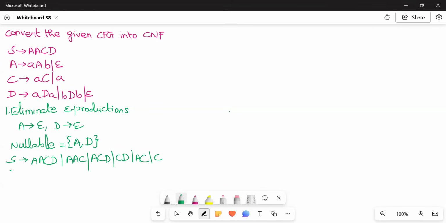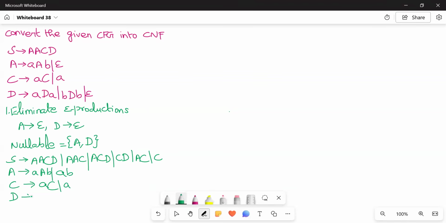Now we have to consider A. A tends to AAB, written as it is, and we don't write epsilon. Now consider this A is nullable. If we substitute epsilon for A, we get AB. Then C tends to AC, and here there are no nullable symbols, so we will get only the same productions.